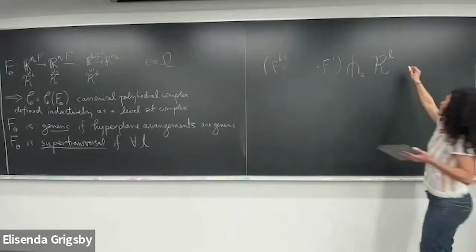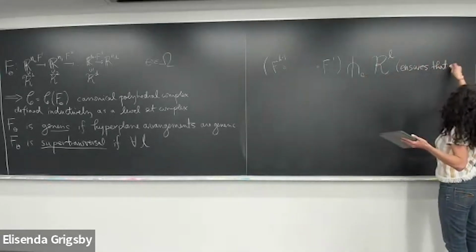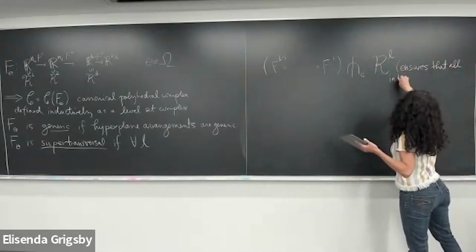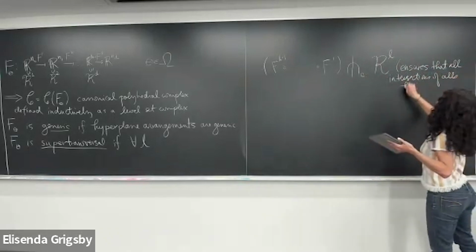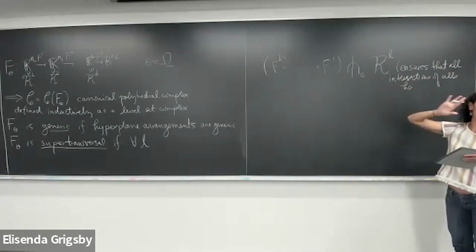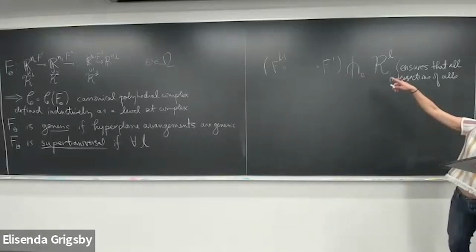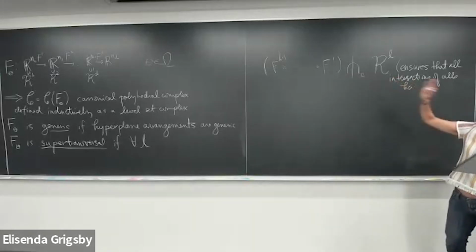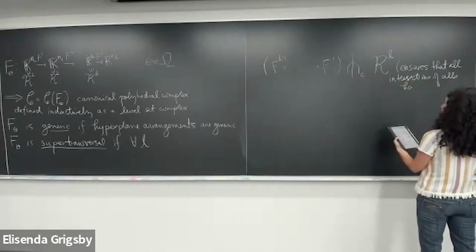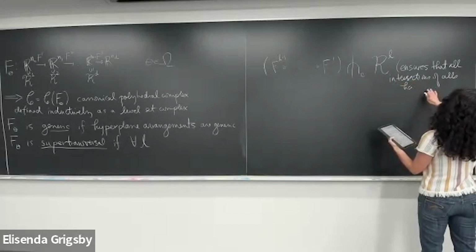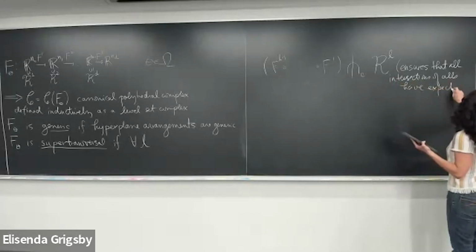This ensures that all intersections of cells have the expected dimension. So you need generic to make sure that in a single layer they have the right behavior, and you need the super transversal condition to ensure that between layers you also have that.